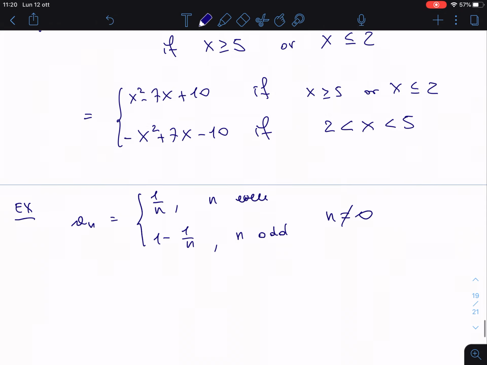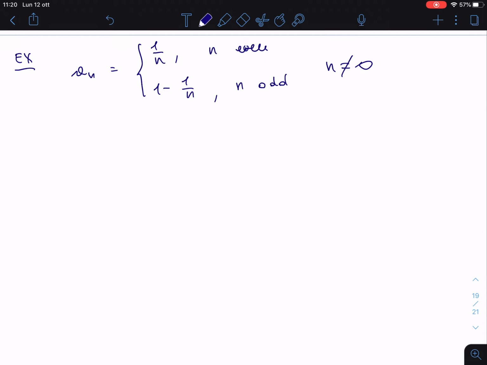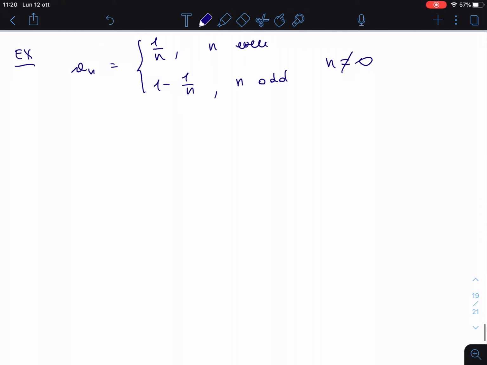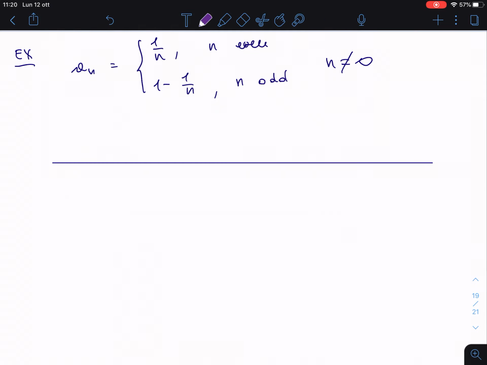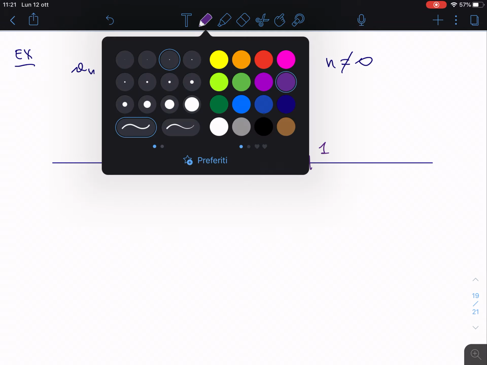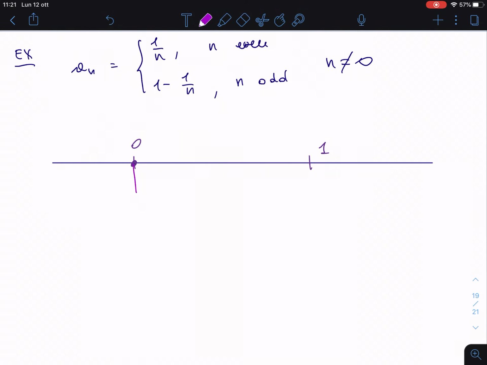So see what happens here. You have points 0, 1. We start from n equal to 1, and here we have a1, equal to 0 because it is 1 minus 1.